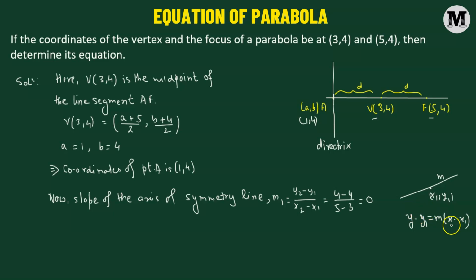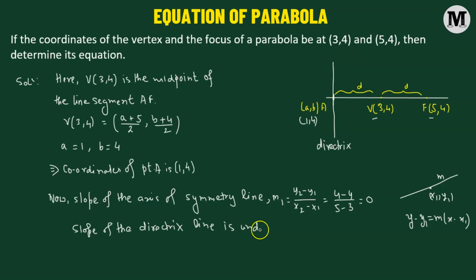So in our case, we already have the coordinates of point A. This is the point through which the directrix line is passing, that's (1, 4). We need to find the slope. Now, we can find the slope of the directrix line. The slope of the directrix line is undefined.